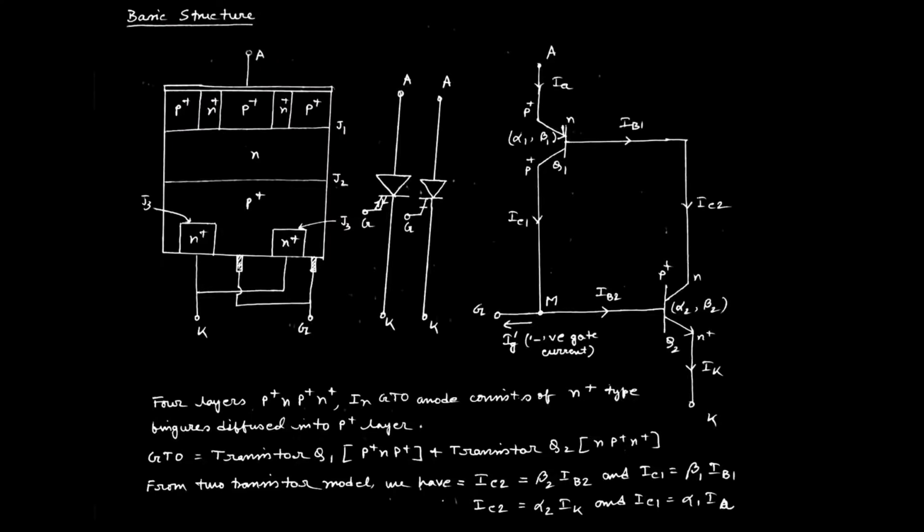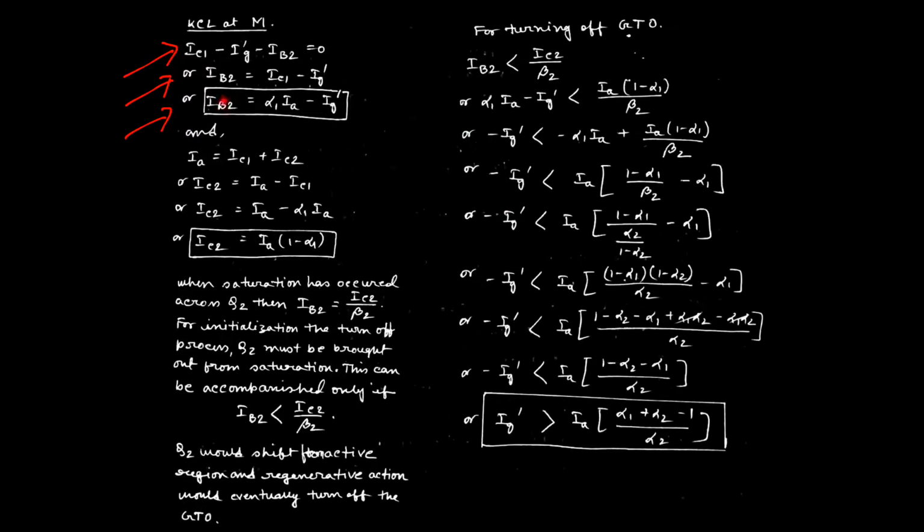That means IC1, this is IC1, is equal to alpha 1, the current gain of the transistor Q1, into IA, which gives the collector current. That is why we can write the expression alpha 1 IA.